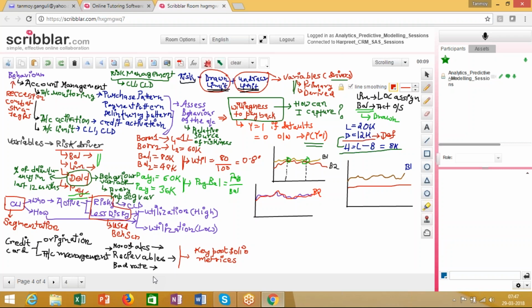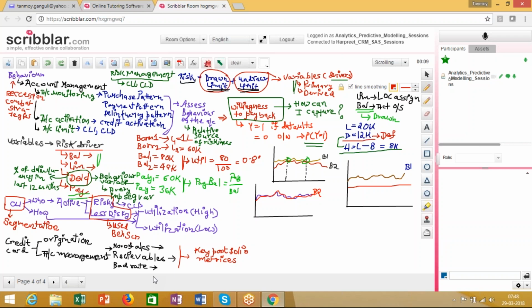So if you have worked on a project, you know how many borrowers there are, what the average receivables are, and so on, just put it out to them. I can tell you about the overall bad rate on the number of accounts.